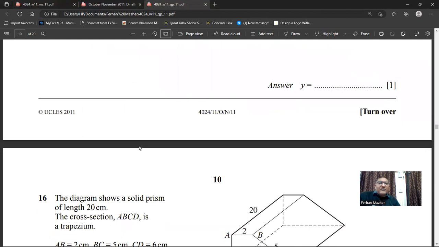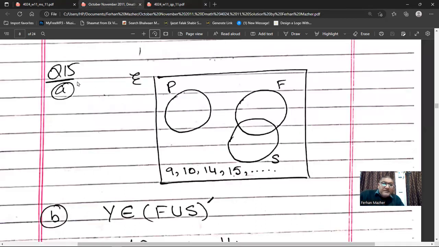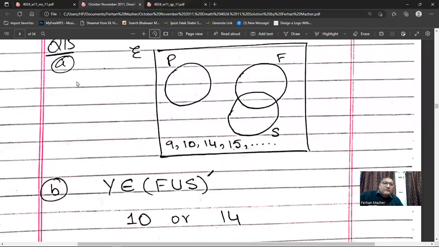Then it's a 1 mark question. It says write down a possible element y such that y is an even number and y belongs to the complement of F union S. F union S whole complement means out of these two circles, the numbers which were neither prime numbers, nor multiples of 4, nor multiples of 6.